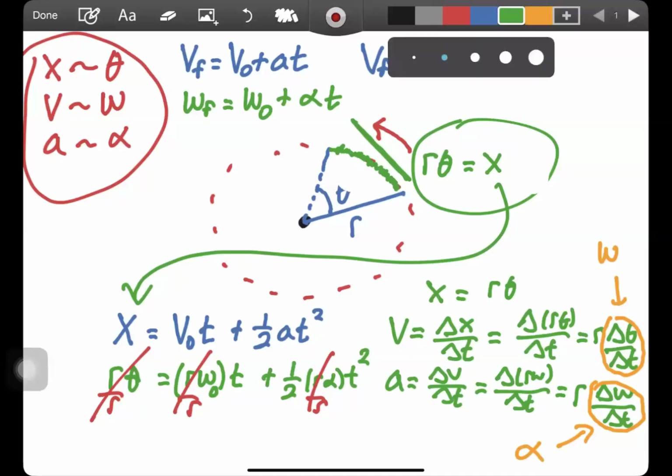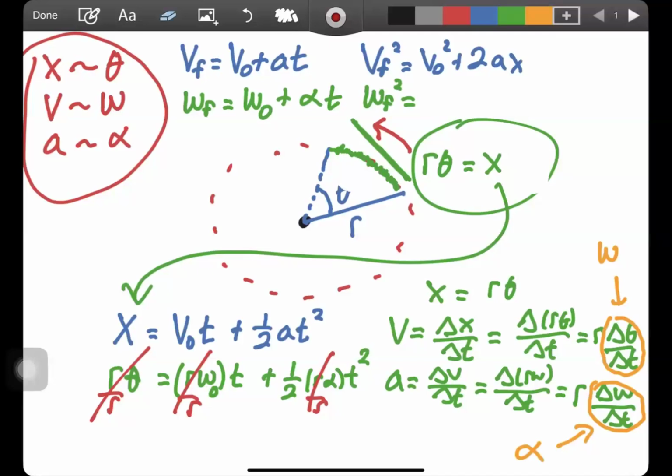So I see a V final. Well, that's going to be now omega final squared. And I see a V naught. That's the initial velocity. Well, I'm going to call that omega naught squared. And then I see an A. And so I know for A, I put an alpha. And I see an X. For X, I now put in theta.